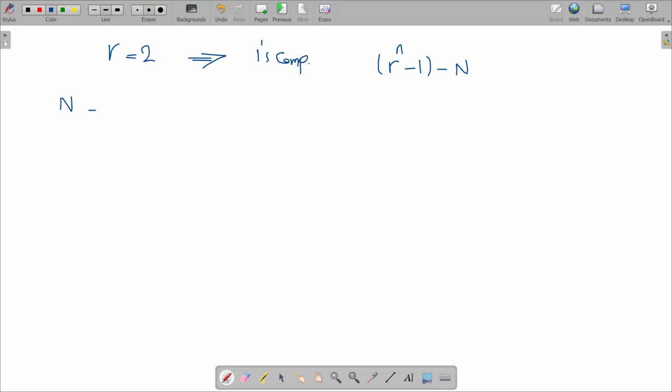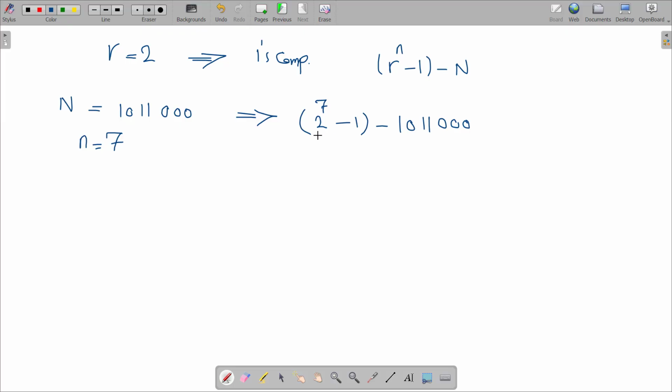Suppose that n is equal to 1, 0, 1, 1, 0, 0, 0, and I want to find the ones complement of this number. Again, according to this formula, R is equal to 2. What is the lowercase n here? 1, 2, 3, 4, 5, 6, 7. So 2 to the power of 7 minus 1 minus 1, 0, 1, 1, 0, 0, 0.